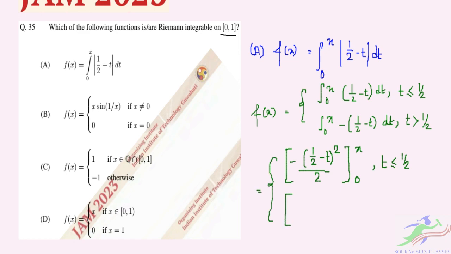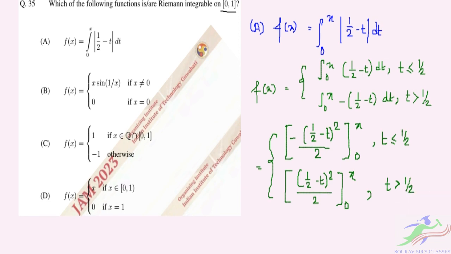And for t greater than half, this should be (half minus t) whole square by 2 from 0 to x. Okay.